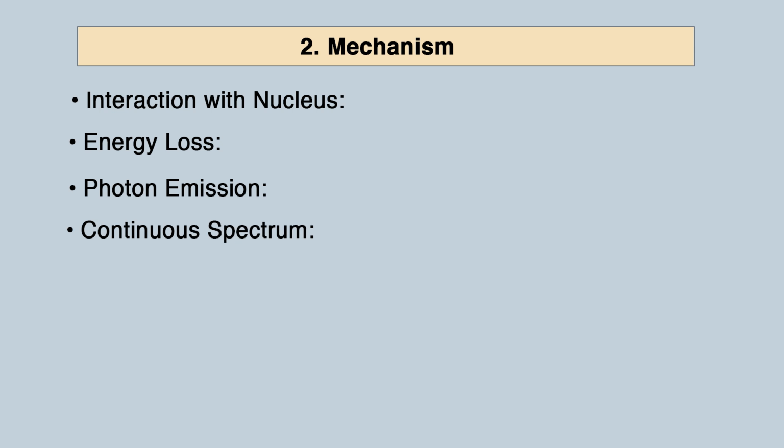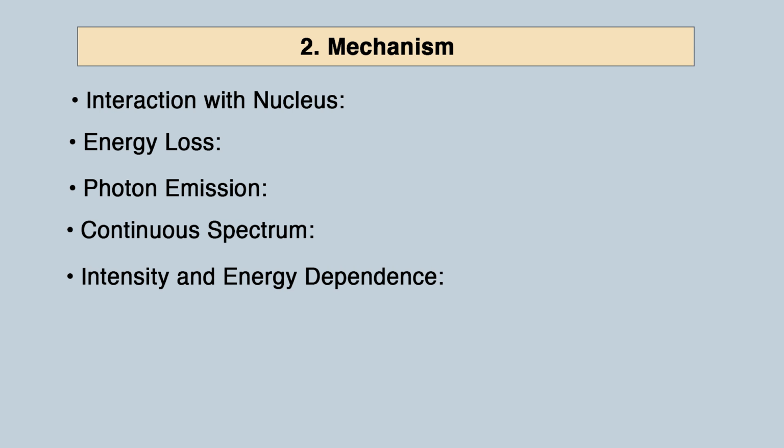Continuous spectrum. Unlike characteristic X-rays, which have discrete energy levels corresponding to specific electronic transitions, Bremsstrahlung has a continuous spectrum. This is because the emitted photon energy can vary continuously depending on the amount of kinetic energy lost by the electron.